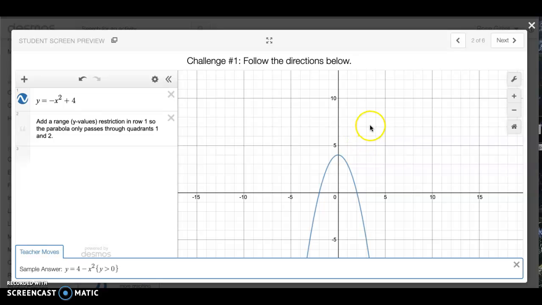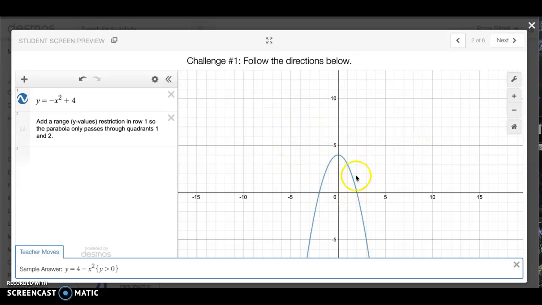This is quadrant 1, where everything's positive. The x's are positive and the y's are positive. Then quadrants 1 and 2, and down below we have quadrants 3 and 4. The important thing for today is quadrants 1 and 2 are up here above the x-axis.